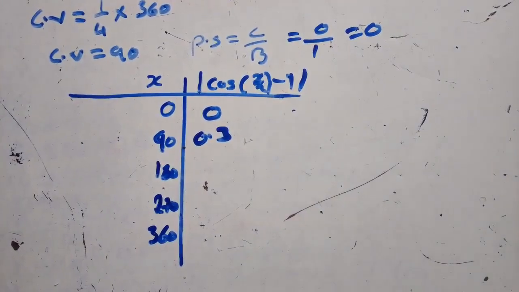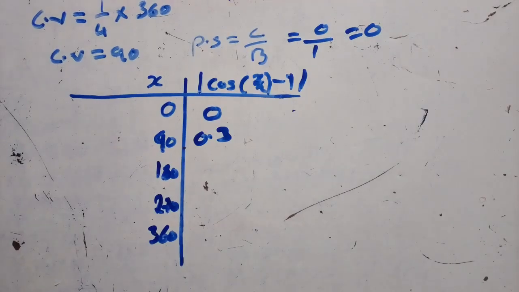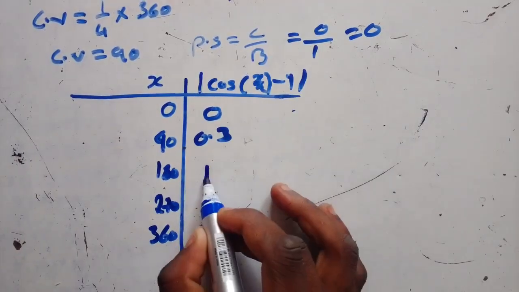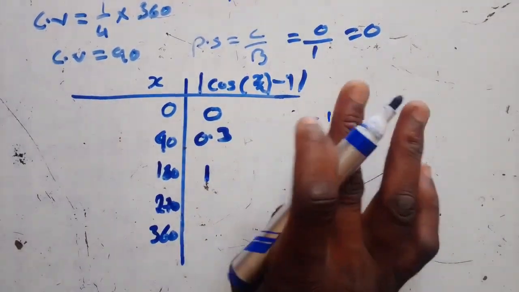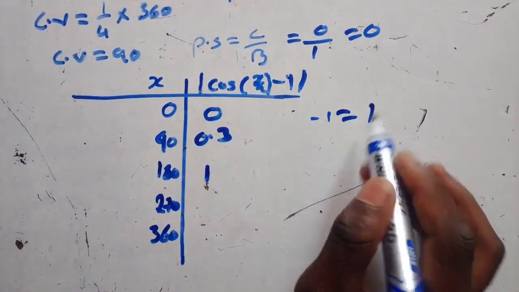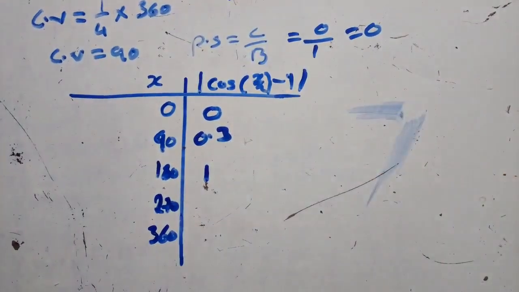So we're going to have cos 90 minus 1, and this will give us negative 1, but we are dealing with a modulus, so we ignore the negative and we have positive 1. I hope you are following attentively.